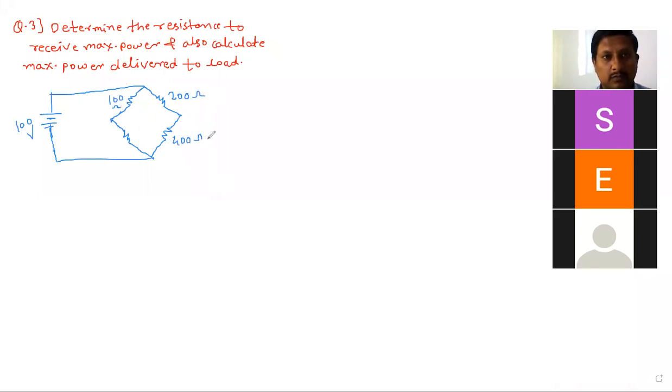This is 400 ohm. This is 300 ohm. And the variable load resistor is connected here between terminals A and B. So we have to find out the load resistor value which will receive the maximum power. And after that, we have to calculate PL max. The question is almost the same as the previous example, but the diagram will be different now. Now how to start?